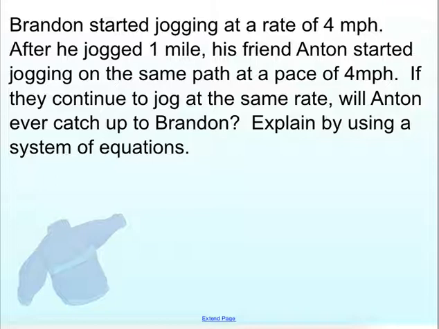Which means if I write an equation for him, I would say his total distance equals 4 miles per hour plus the 1 mile he already has. And then I could describe Anton by saying y equals 4x and then plus nothing, because he started after Brandon.